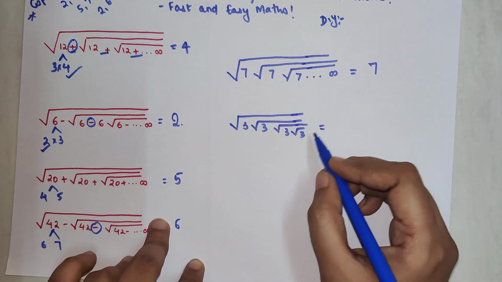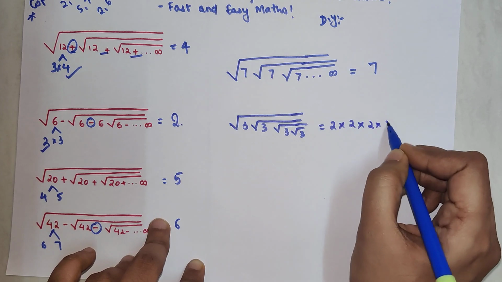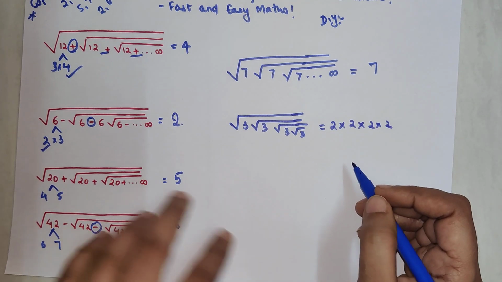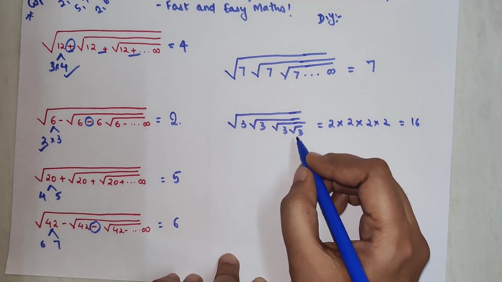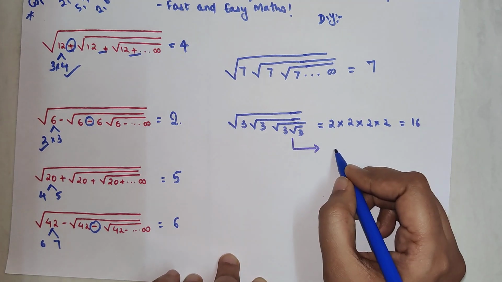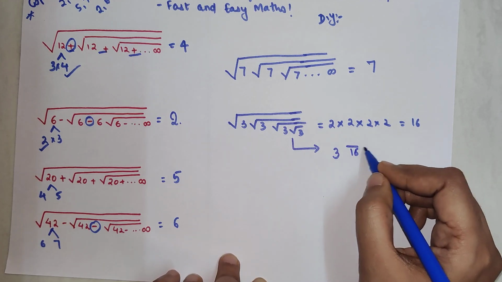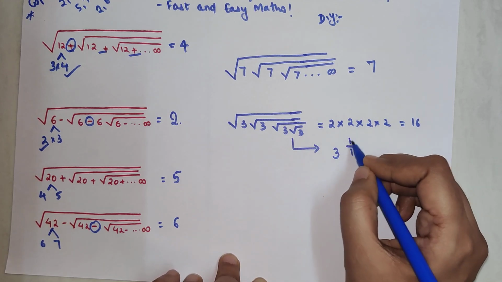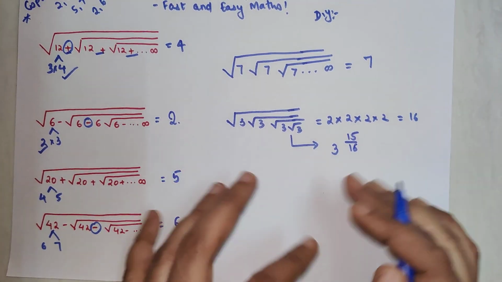So what you will do is multiply 2 four times. So 2 into 2 into 2 into 2, right? So your answer is 16. But that is not your final answer. The final answer for this one is 3 raised to 15 upon 16, where the numerator will be 1 less than 16, which is 15. I hope you're getting the hang of it.